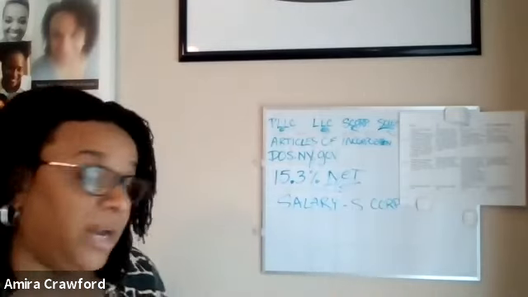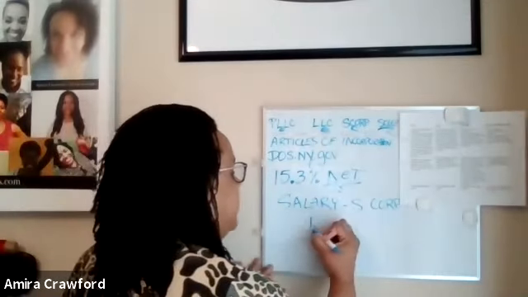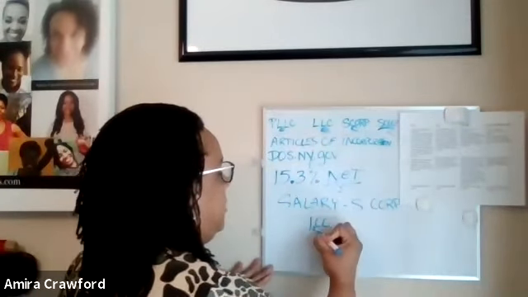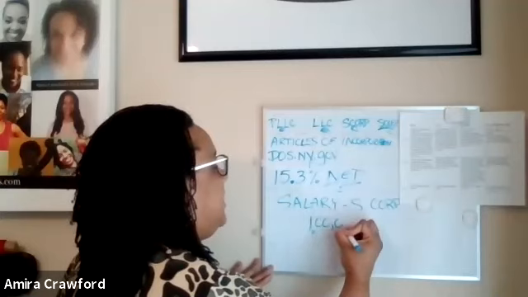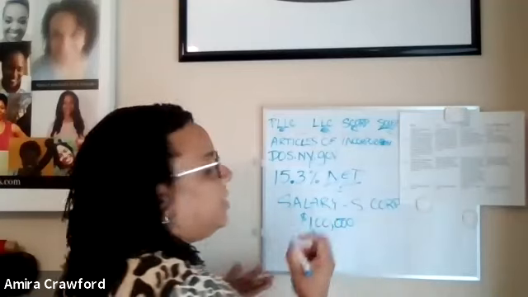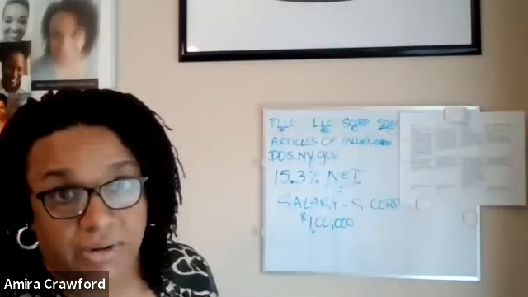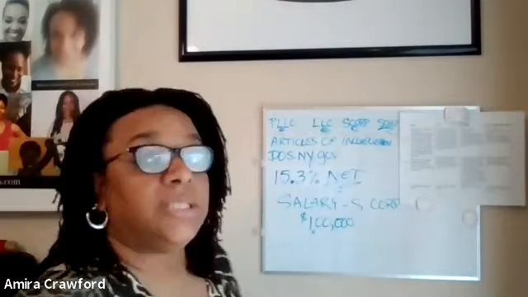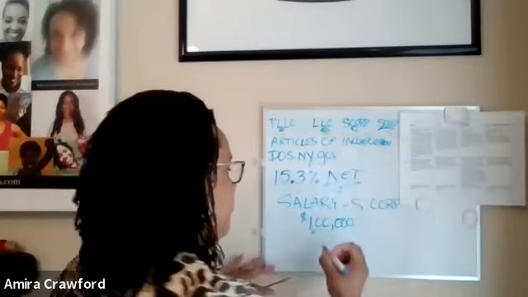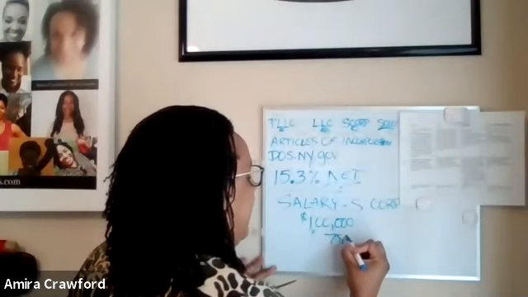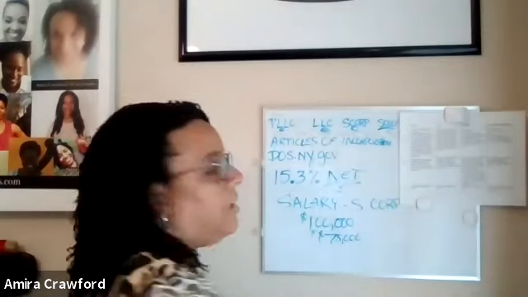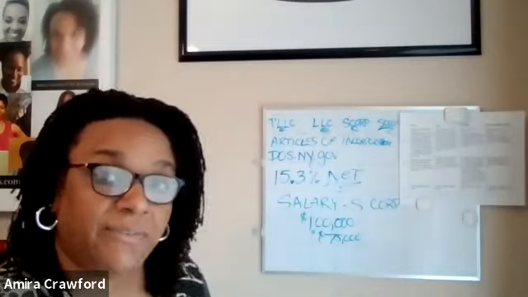So let's say you brought in $100,000 last year, right? And you have an S Corp. You decided your salary is $75,000, right? So after that, your salary is $75,000.